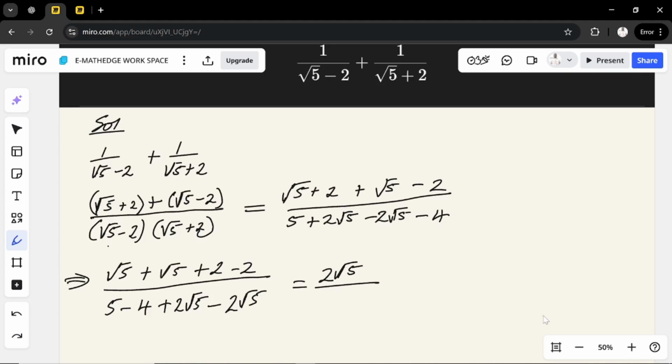So it's going to be 0 as well from this point. So we are left with 5 minus 4. And 5 minus 4 is going to give us 1, which is the same thing as 2 root 5, which is the final result.